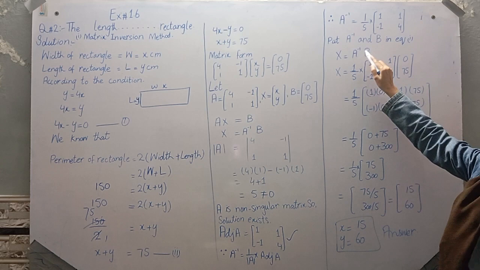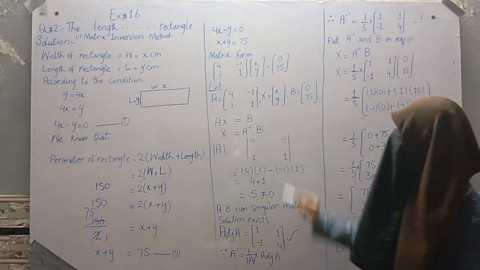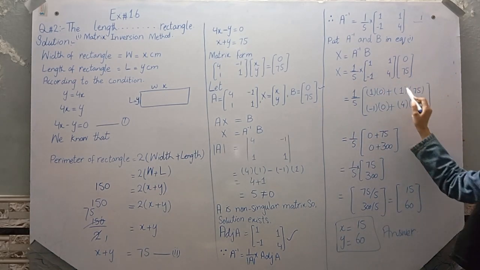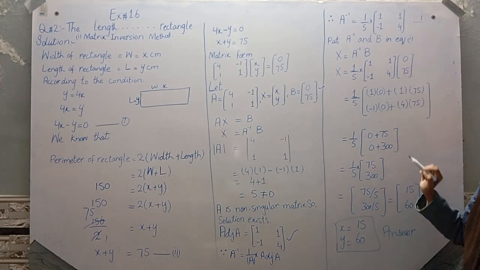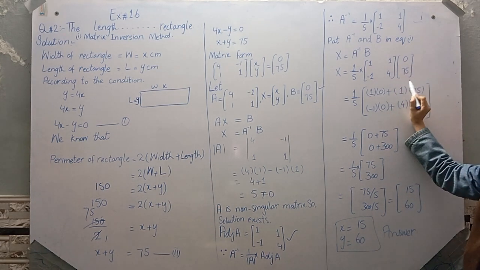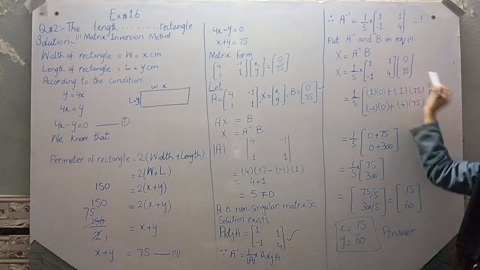Here I put A inverse, and this is the B value, 0 and 75. Now first row first column, second row first column. There is no other column, so 1 multiplied by 0 and 1 multiplied by 75, and minus 1 multiplied by 0 and 4 multiplied by 75.